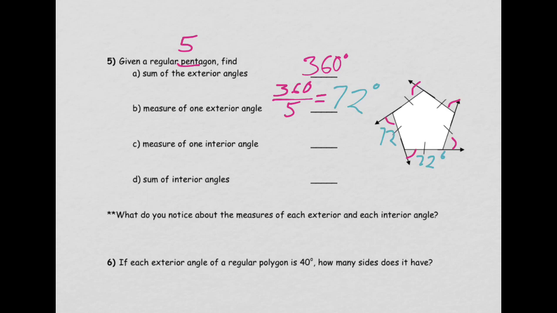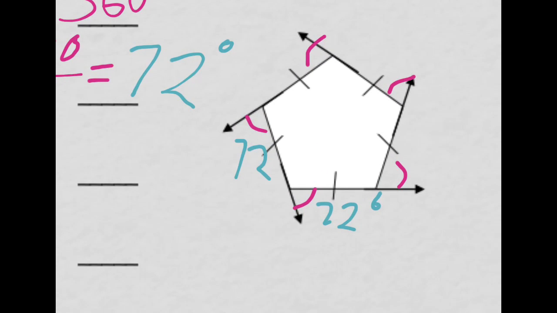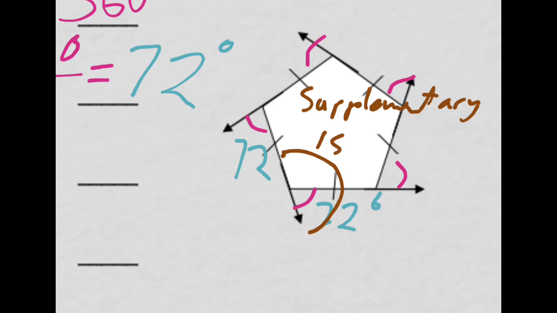The measure of one interior angle. Aha, alright, so they're trying to trick us here. So if these two angles, remember your interior and your exterior, are supplementary, those guys are supplementary, that means that they add up to 180 degrees.